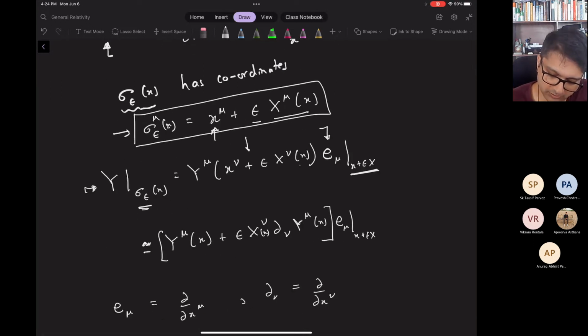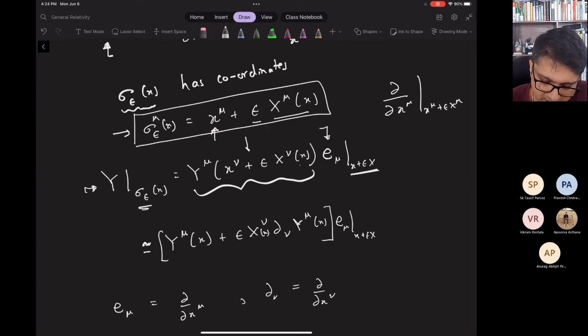So if it's a derivative with respect to x mu, this derivative is taken at the point x mu plus epsilon x. And now what we do is we Taylor expand this for small epsilon. So we can write it as y mu of x plus epsilon x nu partial nu y mu of x, epsilon mu.